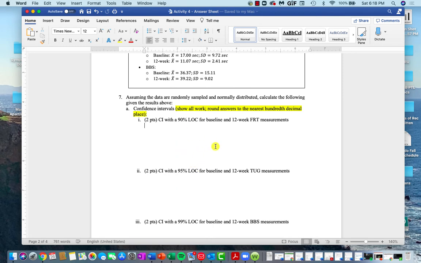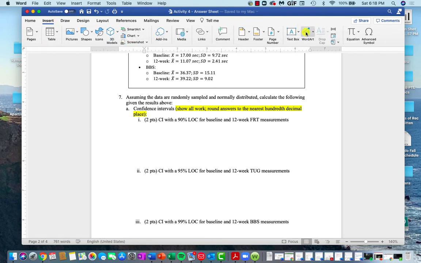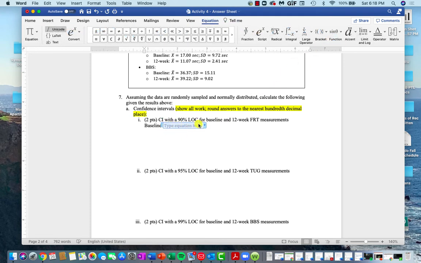You can handwrite your answers in this area, or you can feel free to use the equation function in Word. So in this area, maybe you say this is like my baseline, and then you can insert an equation and then type in how you would have written your work out. That probably might come out cleaner.